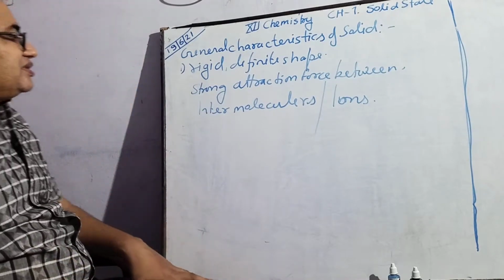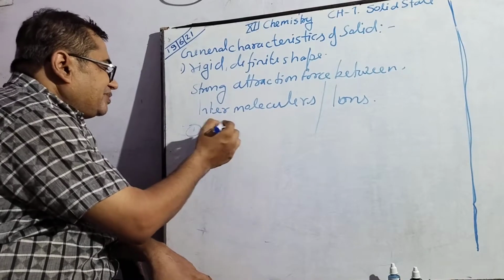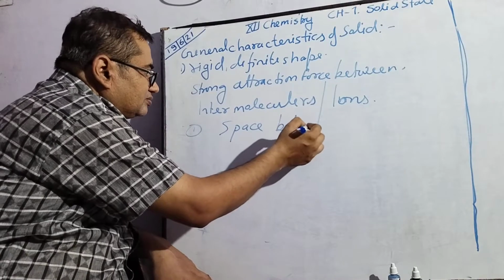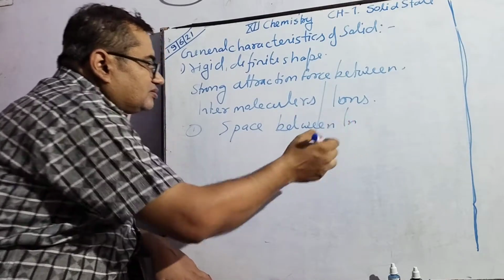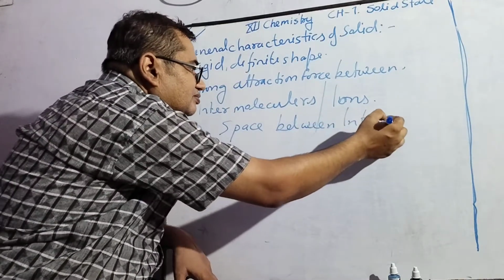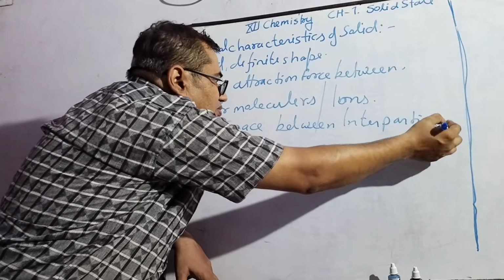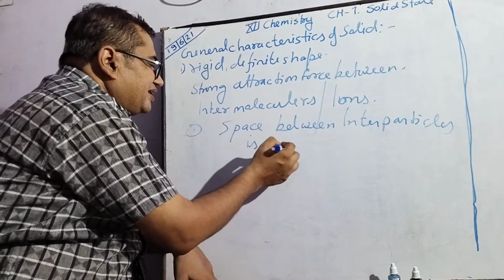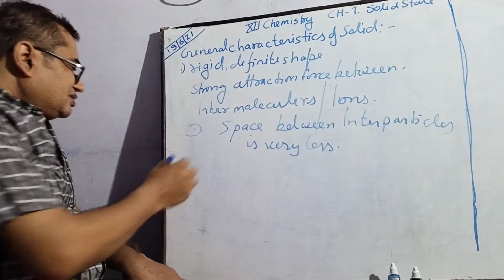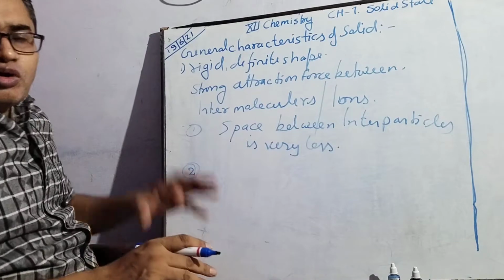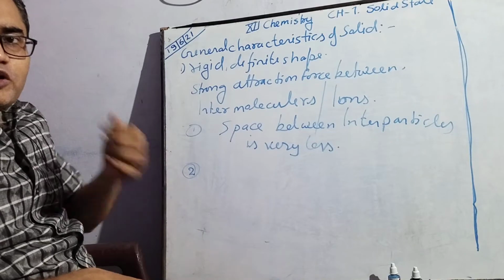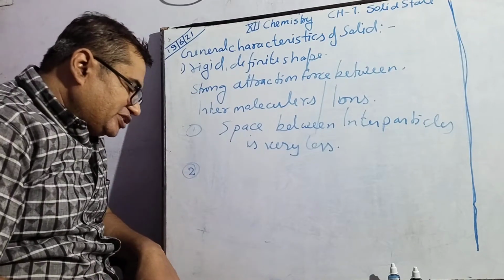Now the second thing is the space between interparticles, which is very less. The next point is that all solids have a fixed melting and boiling point, or high melting and boiling points.